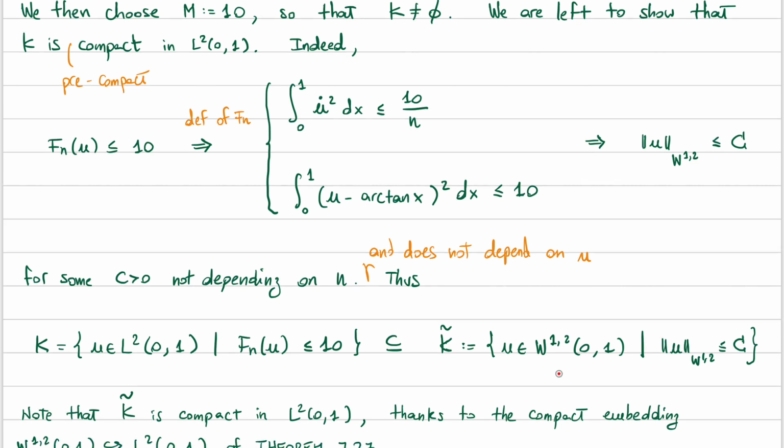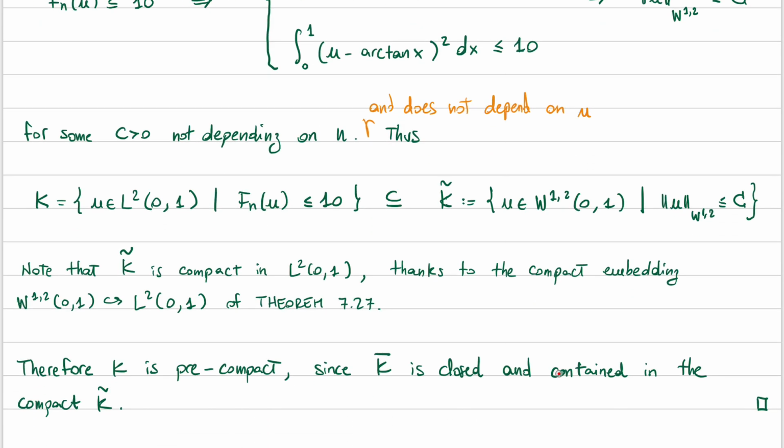Now we know that the balls of the W12 norm are compact in L2 thanks to the compact embedding. W12 embeds compactly in L2 of 0, 1. This is true by theorem 7.27.